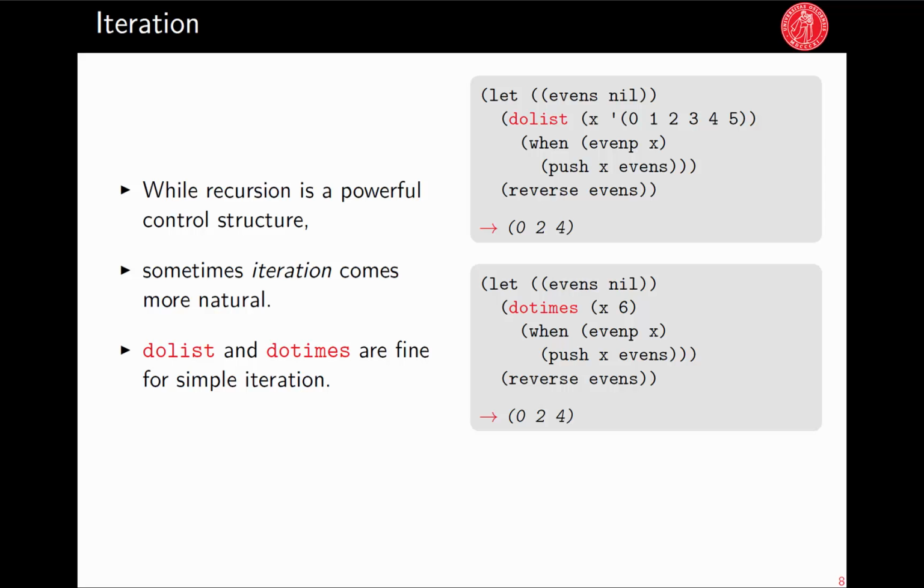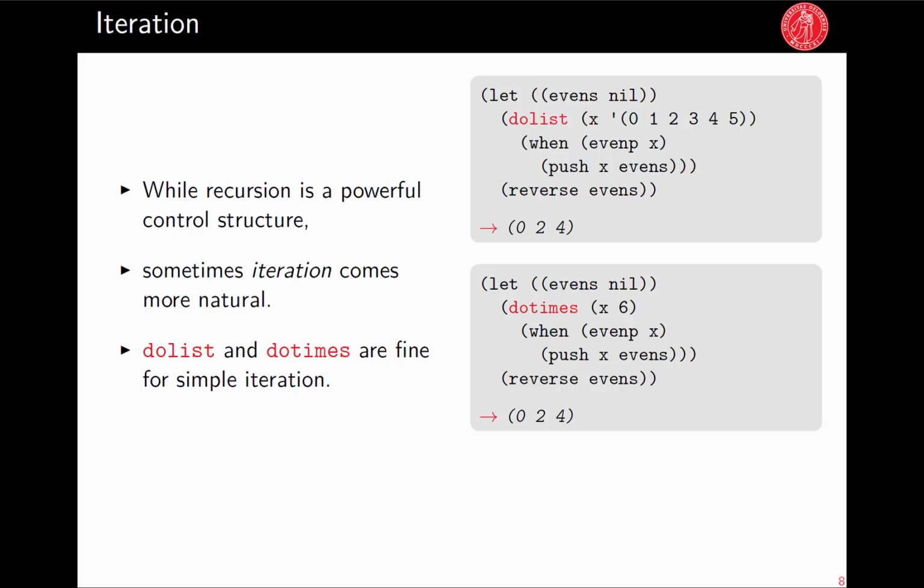Okay, let's look at an example using dotimes. So dotimes is similar to dolist, except that it just binds the variable to the successive numbers from 0 up to whatever number we specify, in this case 6. But the rest of the expression here is like what we just saw.